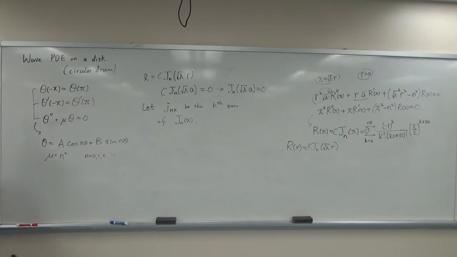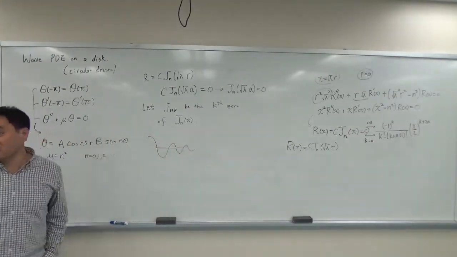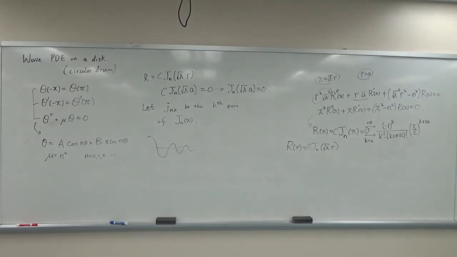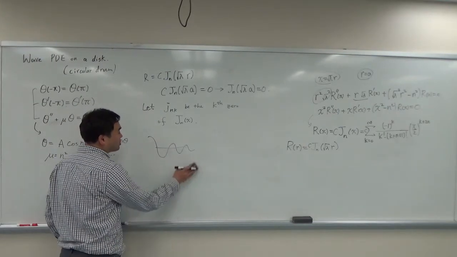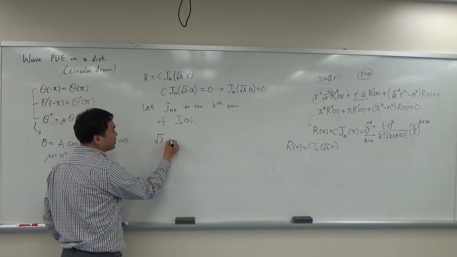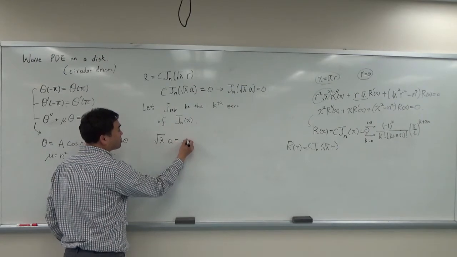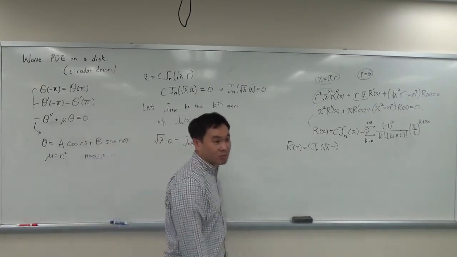So you recognize this, that Bessel function has lots of zeros, right? There's infinitely many zeros, right? And if that's used, then you can say that the square root of lambda A must be one of these zeros.